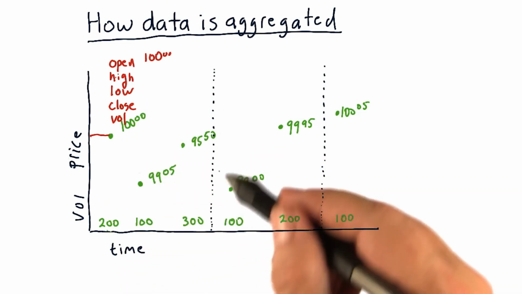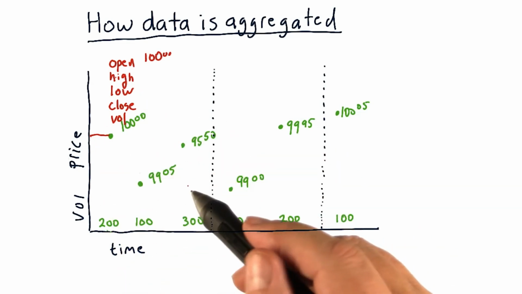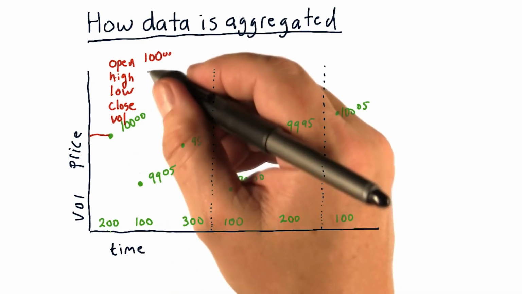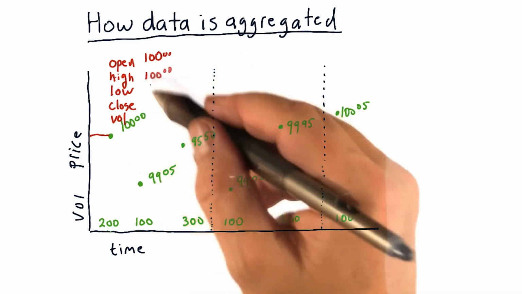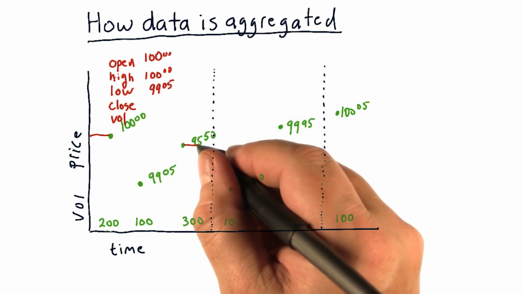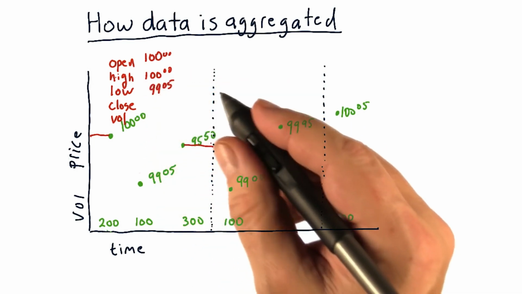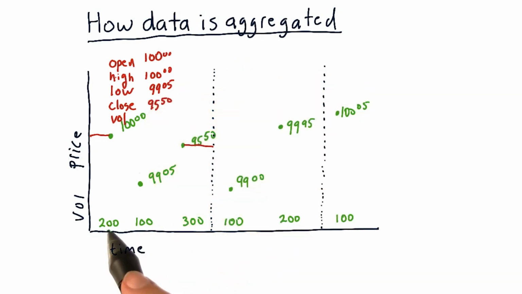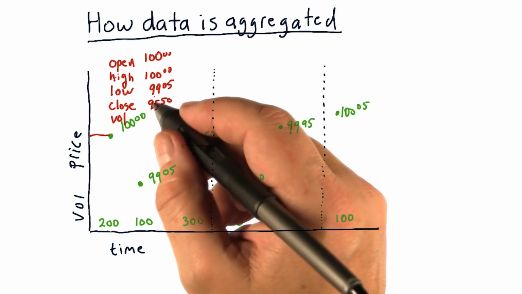High, well, you look at the entire time period and see what was the highest price. Highest price here was also 100. Low was 99.05. Close is the last transaction, and that was 95.50. And volume is just the total volume during that time period. So it's 200 plus 100 plus 300, so 600 shares.